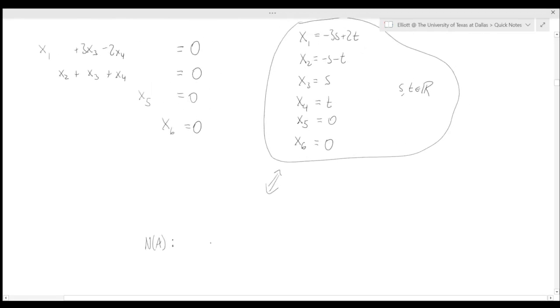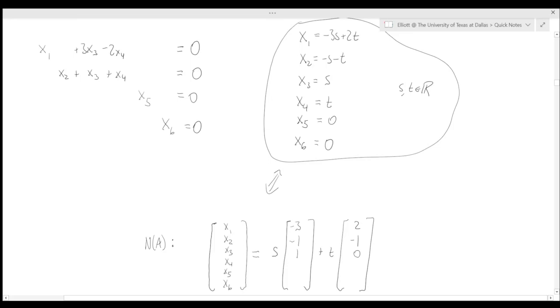So then we can say that the null space is the set of all vectors x for which x1 is going to equal negative 3s plus 2t. x2 is going to be negative 1s minus 1t. x3 is going to be 1s plus 0t. x4 is 0 s's and 1 t, and then x5 and x6 are 0 s's and 0 t's.